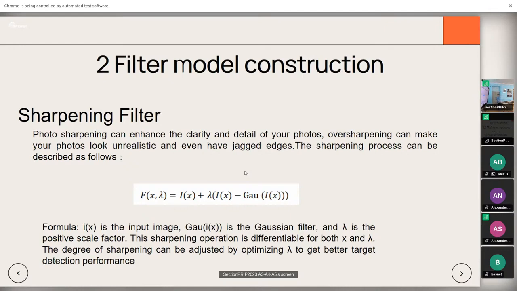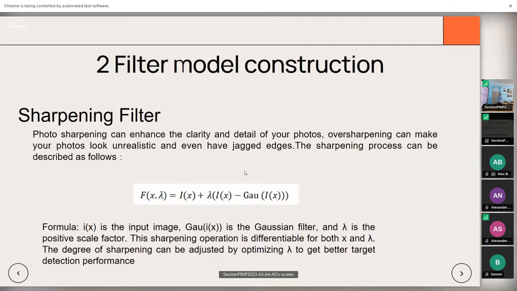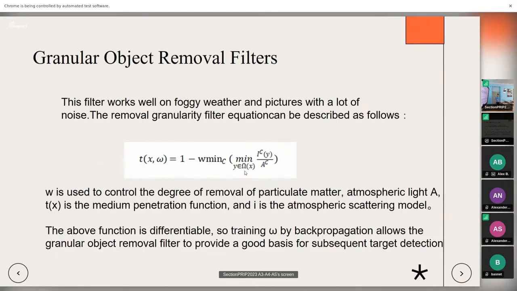But we need to adjust this parameter, because oversharpening makes the photo unrealistic, and we have some judgment. And this is the second filter. This can help the model get a clear photo and delete some image noise.